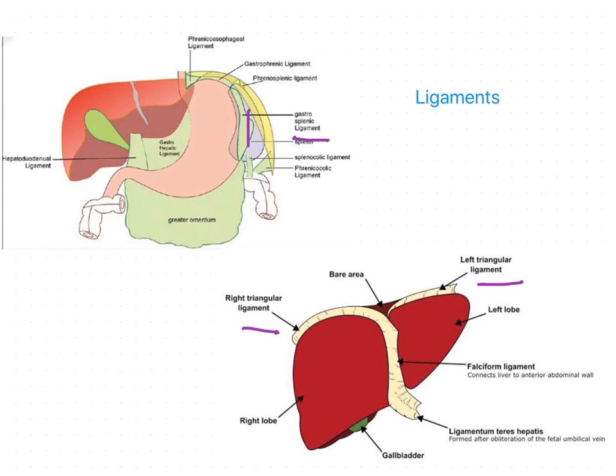So this is the introduction to the peritoneum. In this session we have discussed what the peritoneum is, the layers of the peritoneum, the different kinds of organs in relation to the peritoneum, and also the different types of peritoneal folds.